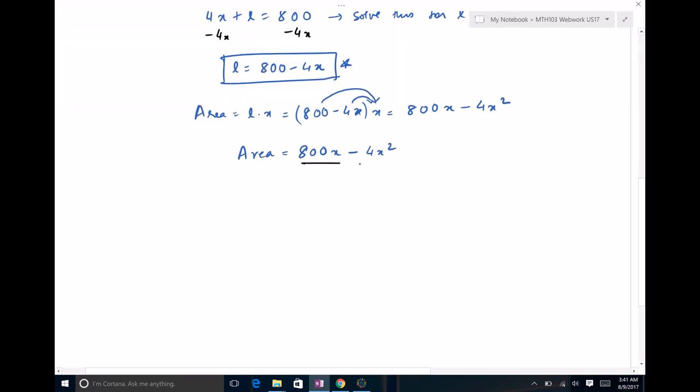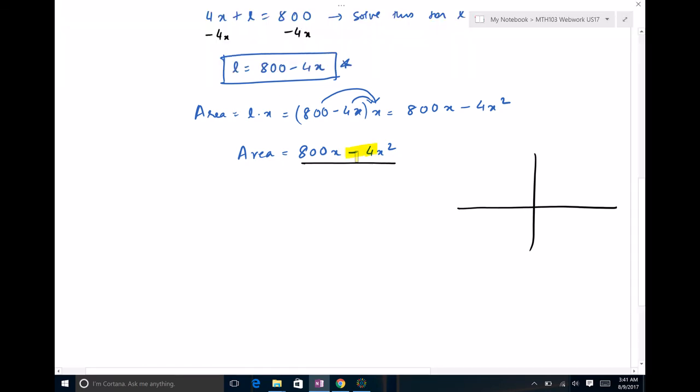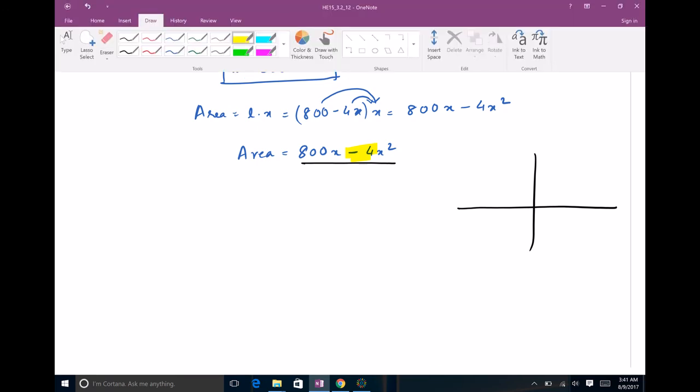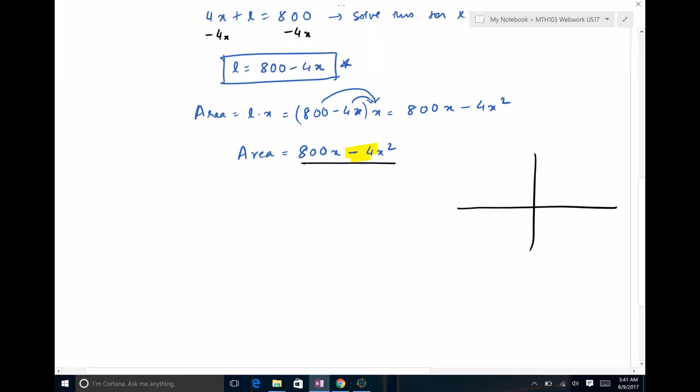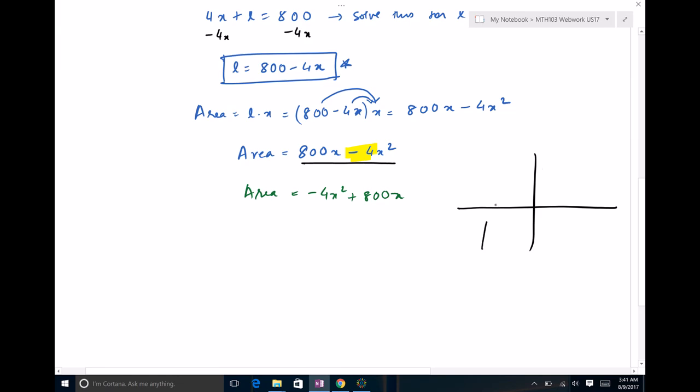This is a quadratic expression, so this would be the equation of a parabola. Also, the leading coefficient in this case is negative 4, because negative 4 is the coefficient of X squared. In fact, I'll write this better, as the area equals negative 4X squared plus 800X in standard form, so you can see that that's the leading coefficient. So this is going to be a parabola that faces downwards.